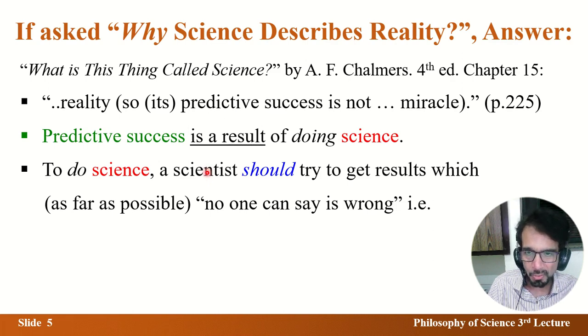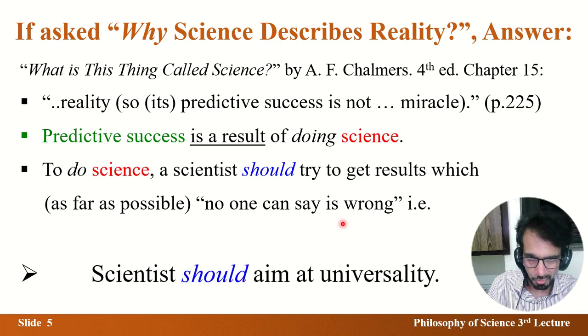At that moment, you have to say, you are a scientist and you should be free from bias. So scientists should try to get results which are free from bias. If you prefer the word universality, then the way to get rid of bias is to make sure that you can defend whatever you say against any criticism. Namely, no one can say that you are wrong, and if someone says so, you are able to defend it.